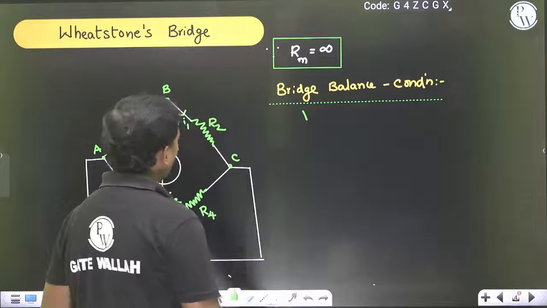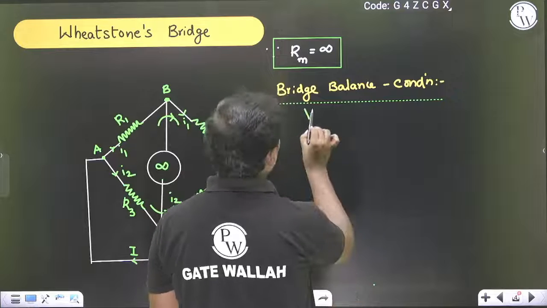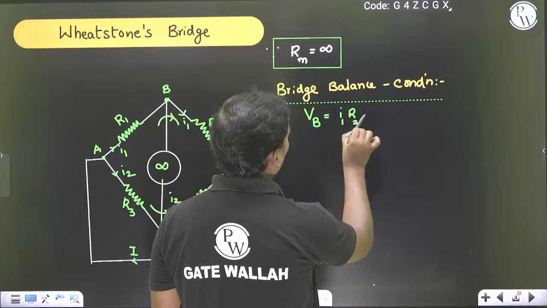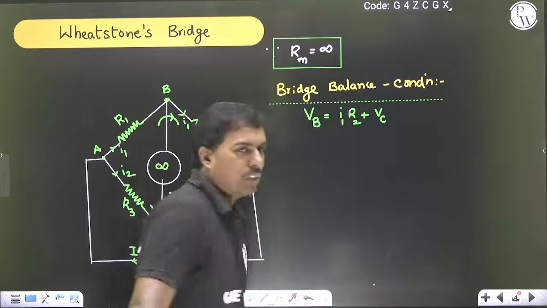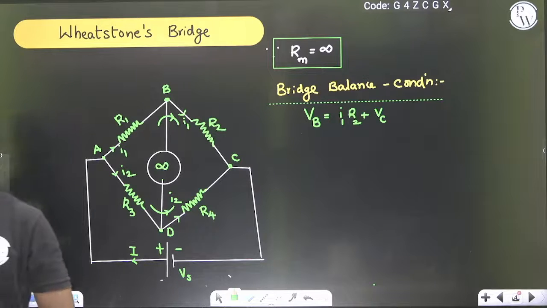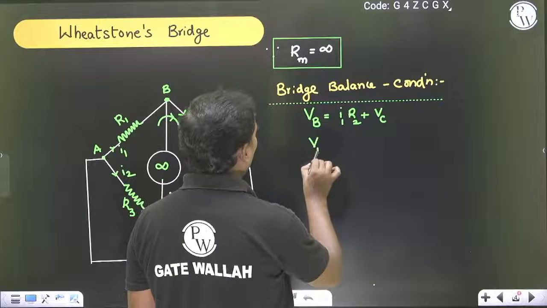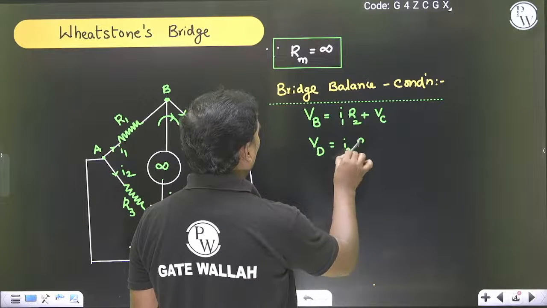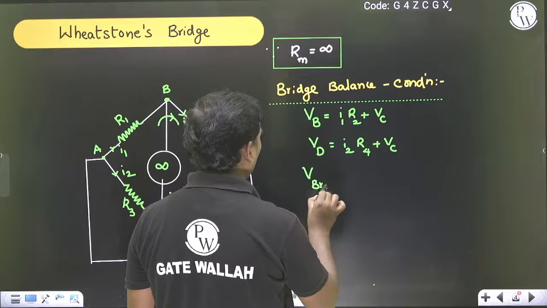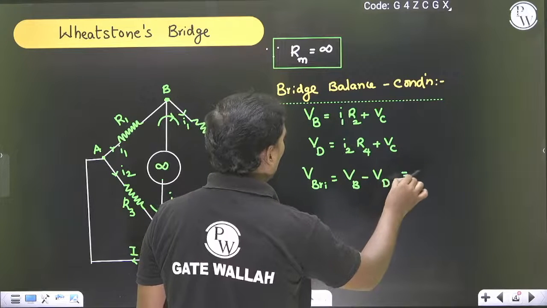The potential difference between these two terminals must be equal to 0. VB can be written as I1 R2 plus VC. Some network theory knowledge should be there to solve these questions. So VB is equal to I1 R2 plus VC and VD is equal to I2 R4 plus VC.